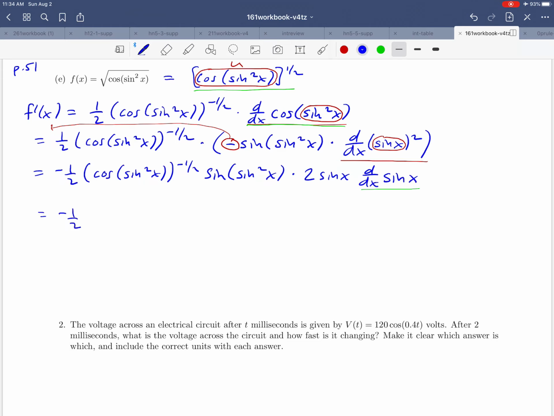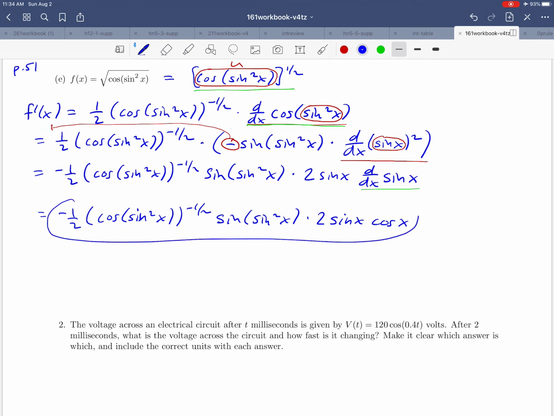So let's just rewrite this one more time. Okay, 2 sine of x, and then the derivative of sine of x is cosine of x. And you can look at that and see that there are no more derivatives to be taken. And so this is our final answer.